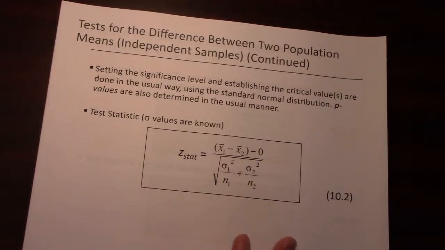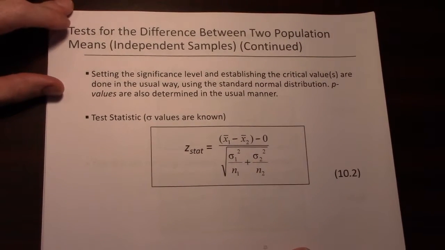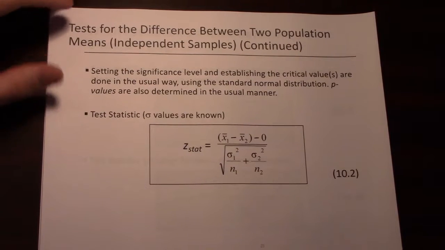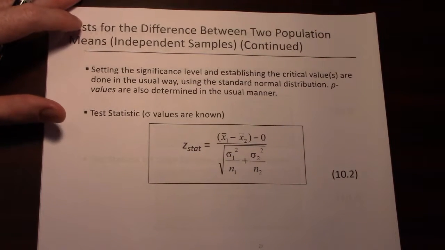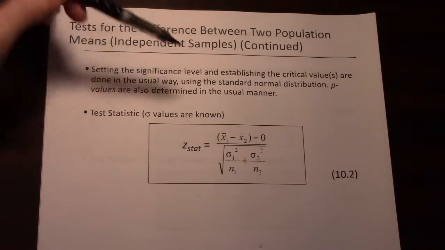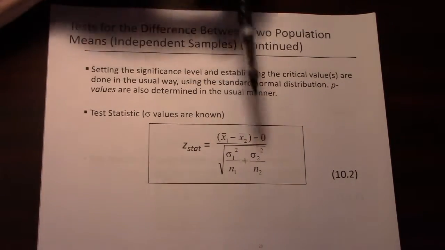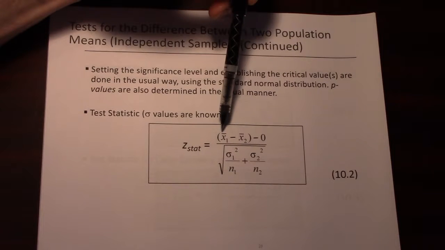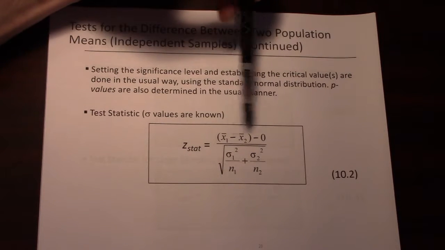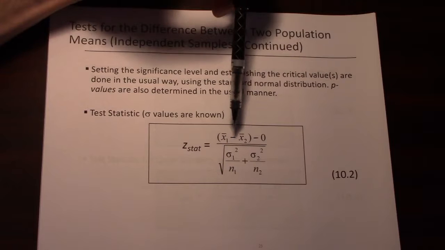Now, how do we calculate our test statistic to determine whether or not that test statistic falls in the rejection region? Well, the first thing, we go out and we take some sample data. This is sample mean from town 1, this is sample mean from town 2. We find the difference between those two.